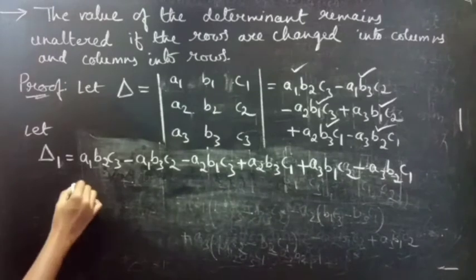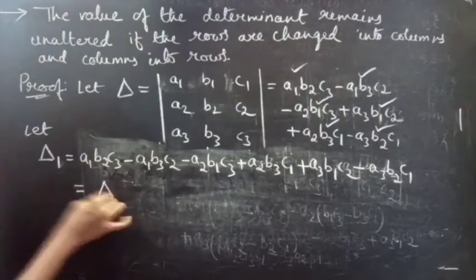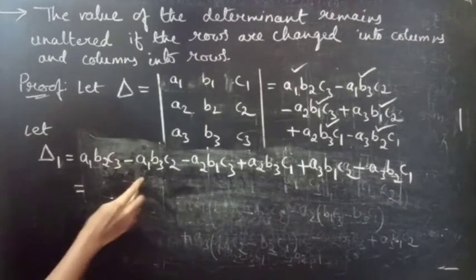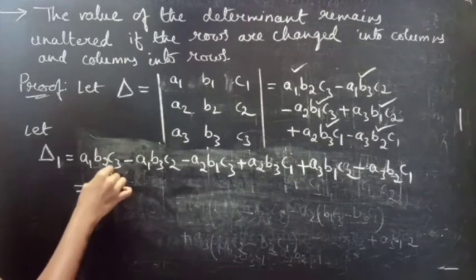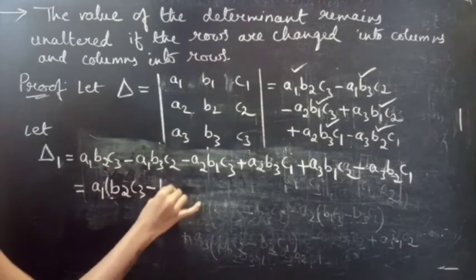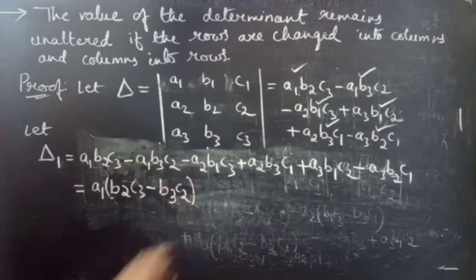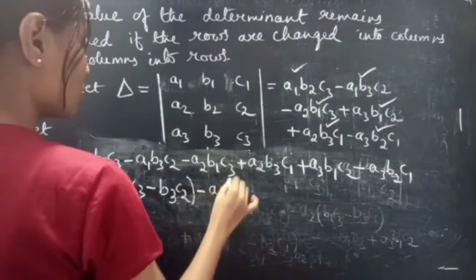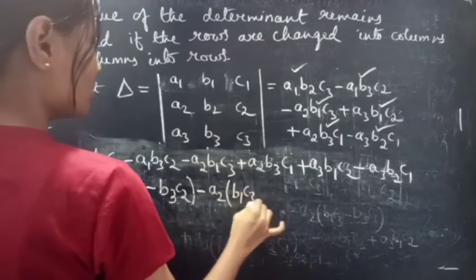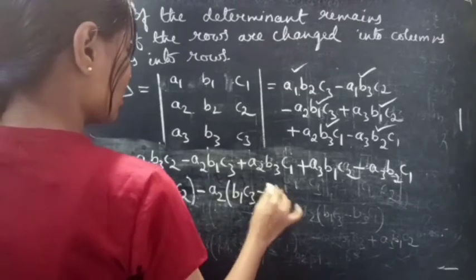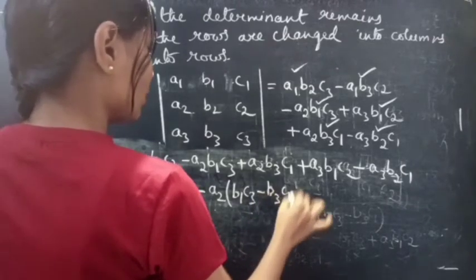So this equals delta. Or you can write it by taking A1 common, minus A2 common, and A3 common. Now you have A1 into (B2 C3 minus B3 C2), excluding the row and column containing A1. Minus A2 into (B1 C3 minus B3 C1), closing the row and column containing A2.